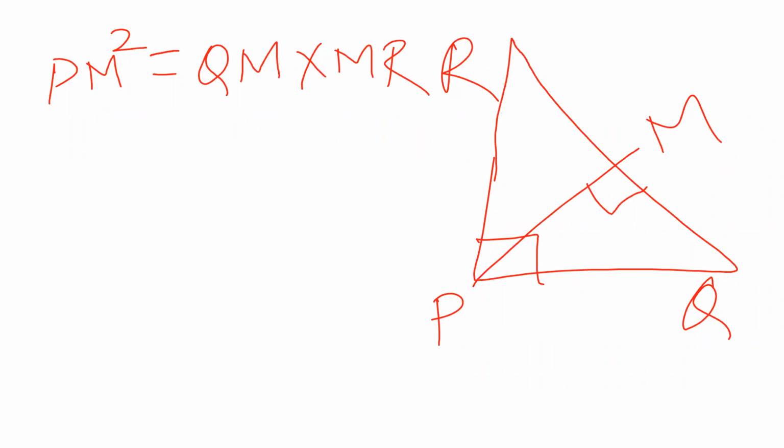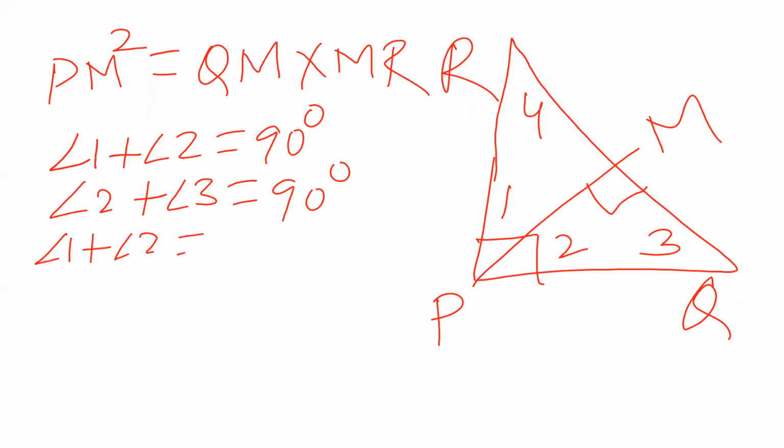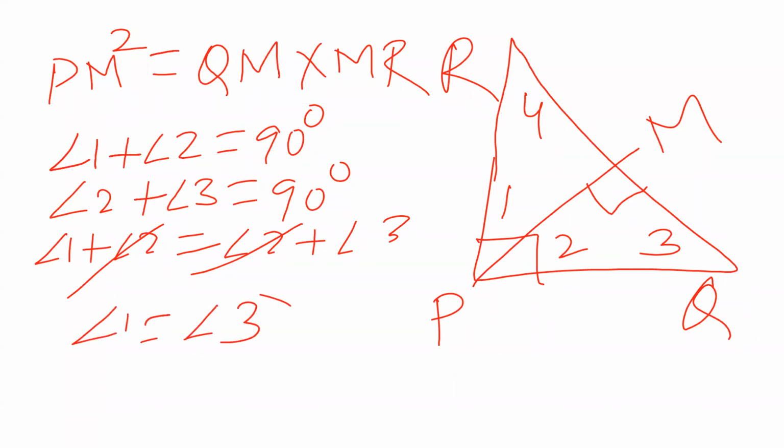Now if I'm writing 1, 2, 3, and 4. So see, angle 1 plus angle 2 is 90 degree, and angle 2 plus angle 3 is 90 degree. Both are equal. So from these two, angle 1 plus angle 2 equals angle 2 plus angle 3, 2 and 2 get cancelled. So angle 1 equal to angle 3, correct?